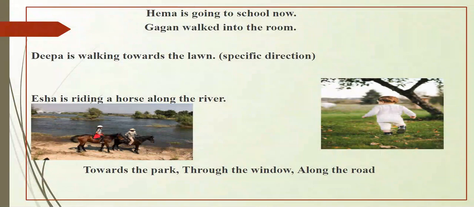Deepa is walking towards the lawn. So the specification is here that she's walking towards the lawn only. Isha is riding a horse along the river. Like towards the park, through the window, along the road. All these are used as prepositions of direction.